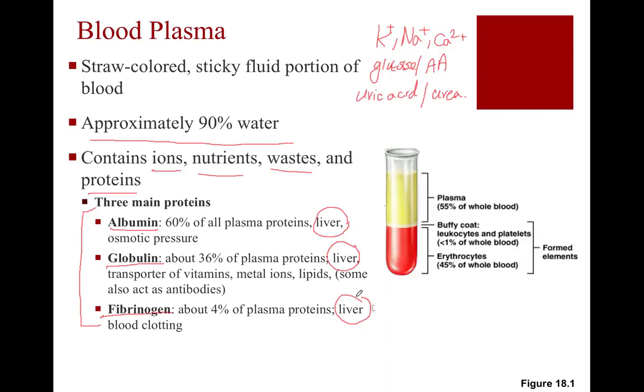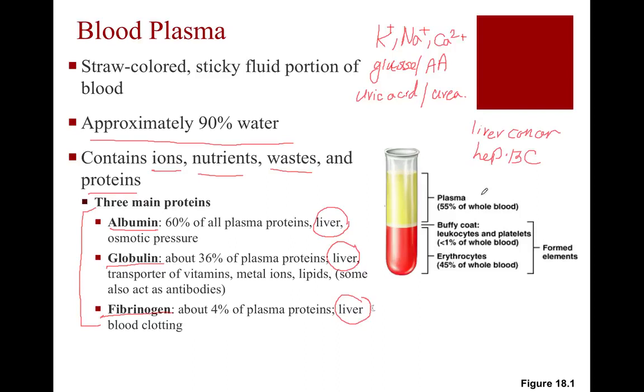So if you do have some sort of liver disease, like let's say liver cancer, or any form of hepatitis, but the typical ones, hepatitis B or C, then as a result you will see a decrease in the concentration of these proteins, and you will see that in the functionality of the proteins in your whole body.